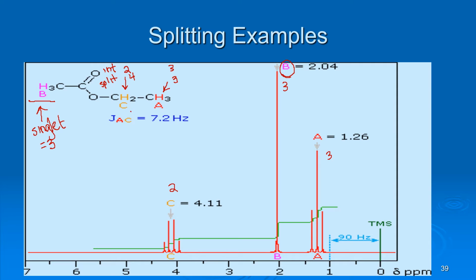The hydrogen C, the 2 hydrogens that are here, are next to the oxygen, and so they're going to be more de-shielded. So they're further down here, at around 4. And then these hydrogens are on a carbon that's attached to a C double bond O. So it is de-shielding, but not quite as much. And so that peak is here around 2.